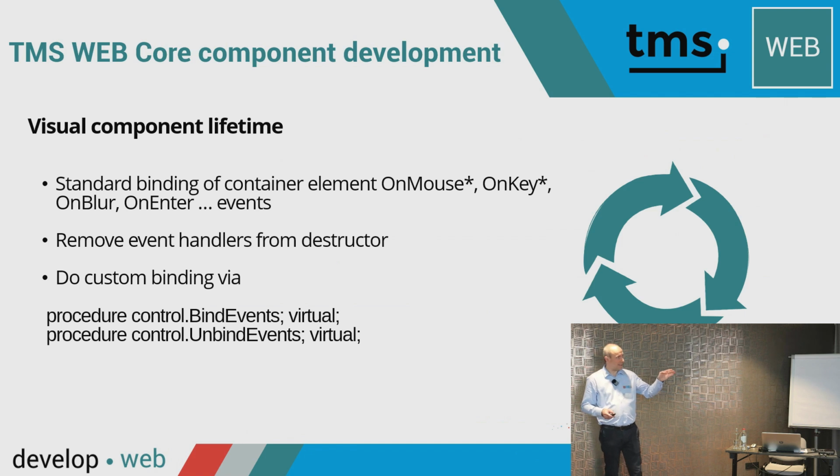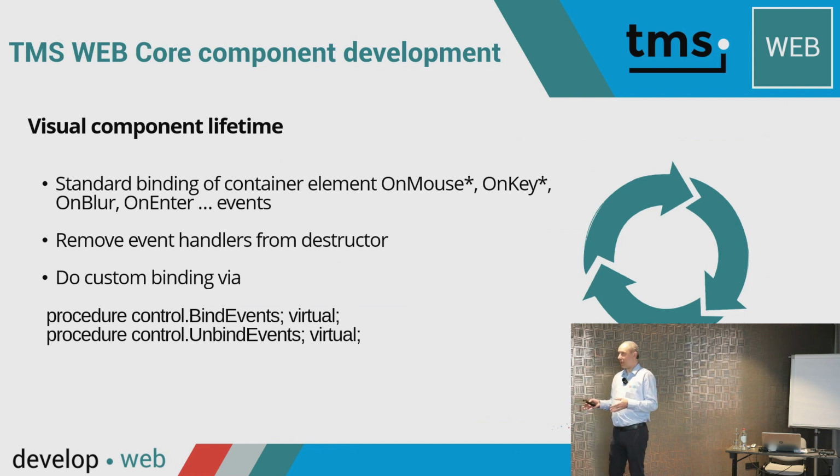So what our T-Custom Control class is taking care of is that binding of all the standard JavaScript events that exist on an HTML element, and that is, for example, on click, on double click, on mouse down, on mouse up, on mouse move, on key down, on key up, etc. The T-Custom Control class already binds to all the JavaScript events that can happen on a specific HTML element.